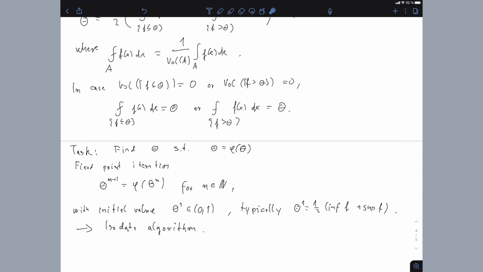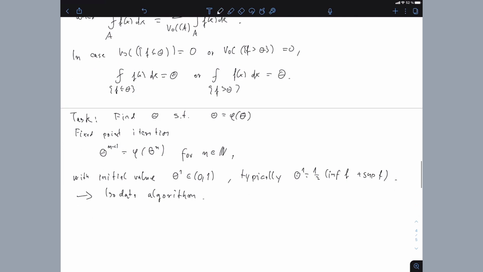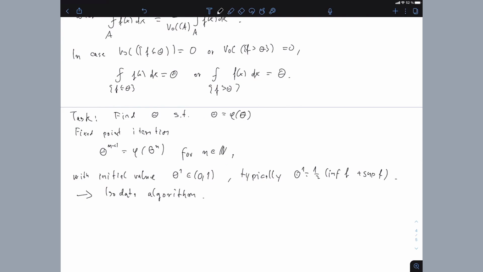And actually one needs some more assumptions for the convergence to the fixed point, because if this phi is very, very bad, the limit could not be a fixed point. But in any case, the convergence is there, and let me show you how this is done. So we know that the range of f is 0, 1, that's our assumption.